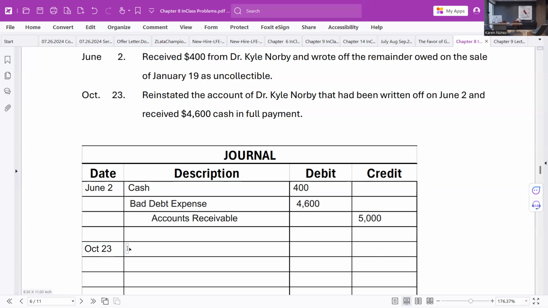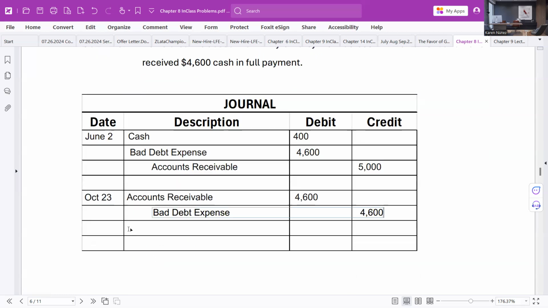So let's put the account back on our books. Put that $4,600 account back on our books and reverse that bad debt. And then actually collect that cash, or collection of cash.